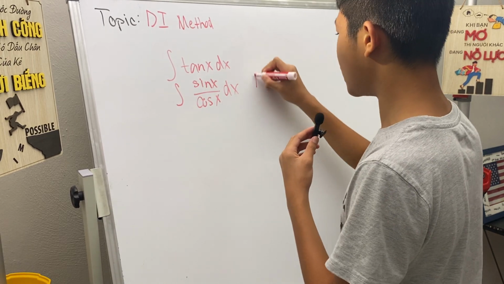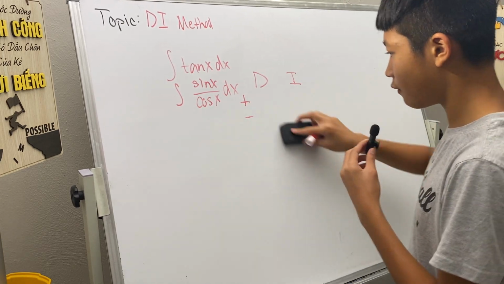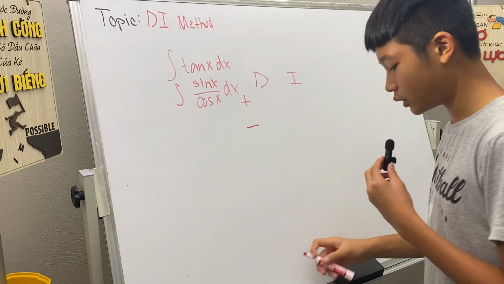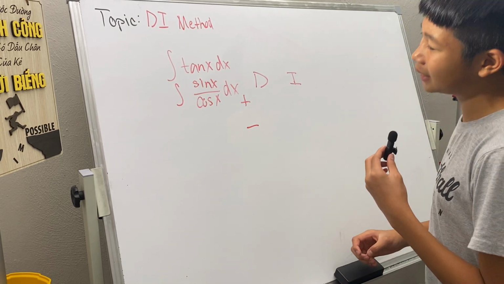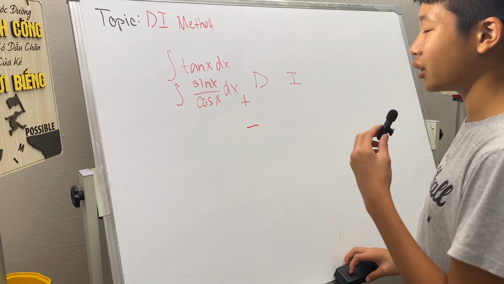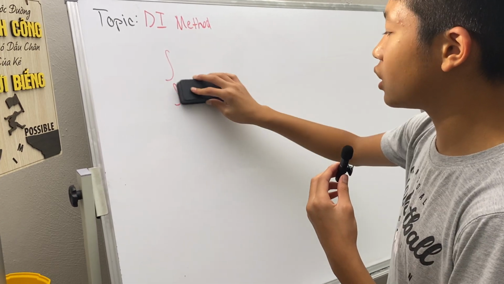And yes, we can use the DI method for this. Plus or minus, plus minus like this. 1 over cosine x. Nah, that doesn't look pretty great. We don't really need to use the DI method for this. Let's give it another integral.